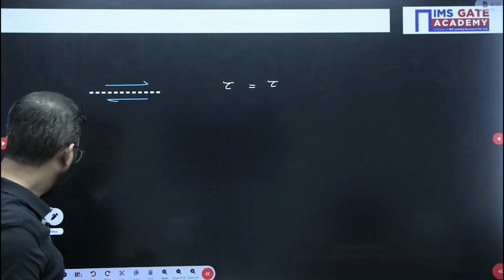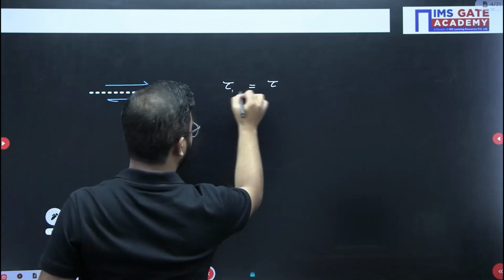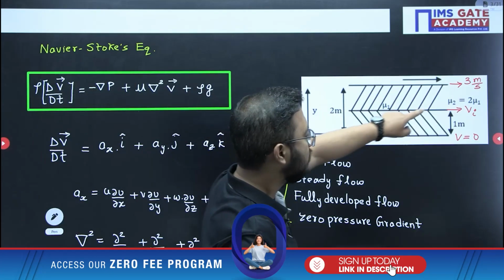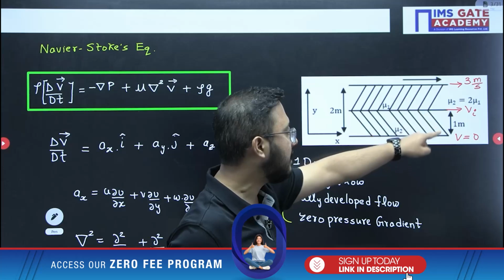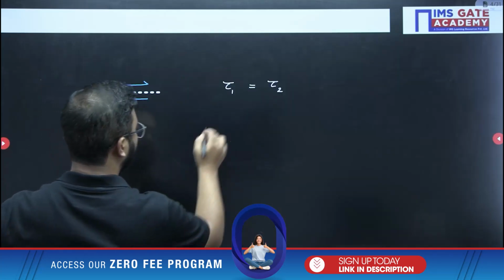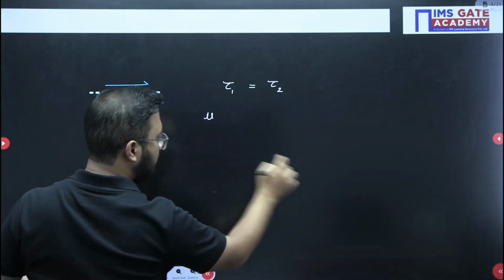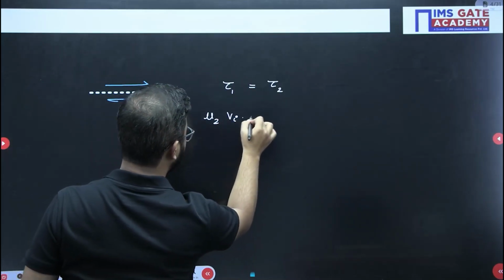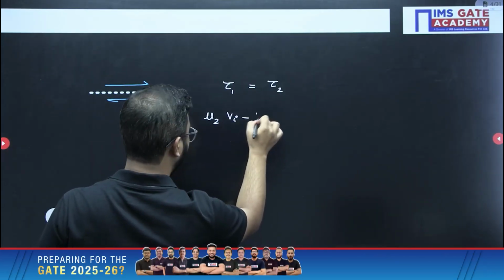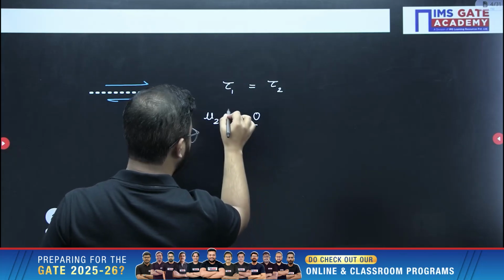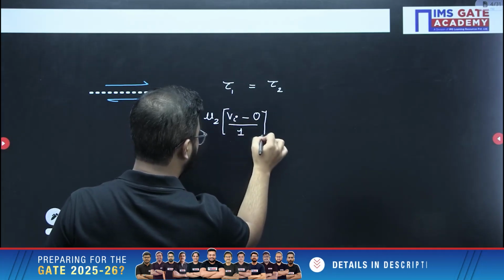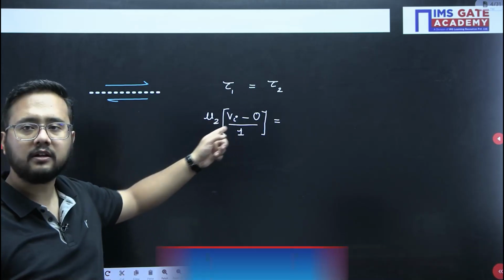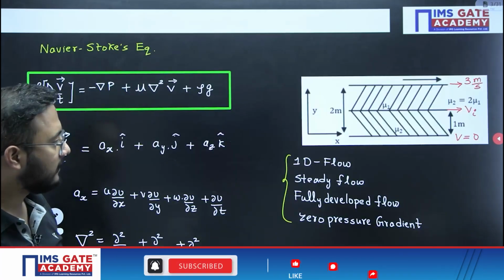Now, you can consider tau 1 and tau 2, both values are equal. So if I consider the bottom case, what is the change in the velocity? Vi minus 0. The fluid they have kept is mu2, so let us write mu2 here. The velocity change is Vi minus 0, and the gap is 1. So for the velocity gradient we need to write the change in velocity for a 1 meter distance, right?